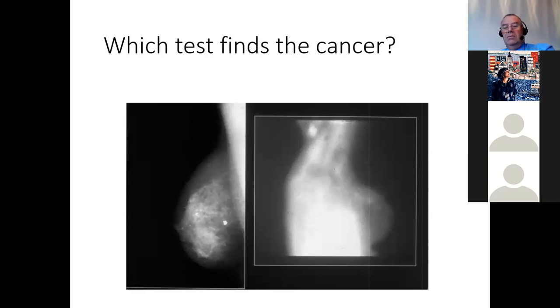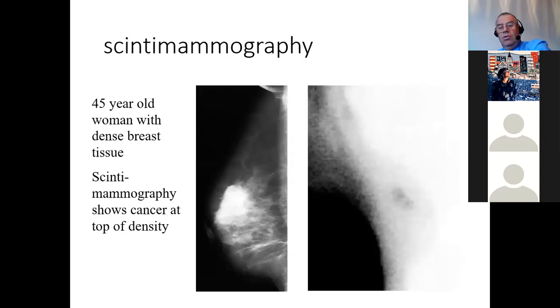And here is the MIBI scan of the same patient, and you can quite clearly see focal uptake in the upper part of the breast, which looks like a primary, and 2 sites of secondary disease within the breast. When you look at the mammogram, it's completely negative. That's because the mammogram just depends on calcification. If the tumor doesn't cause calcification, it's negative on a mammogram, but you can see it with sentinel mammography.